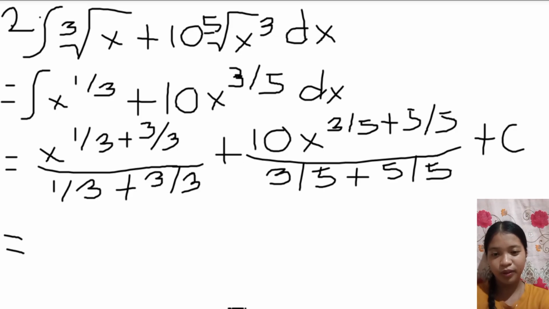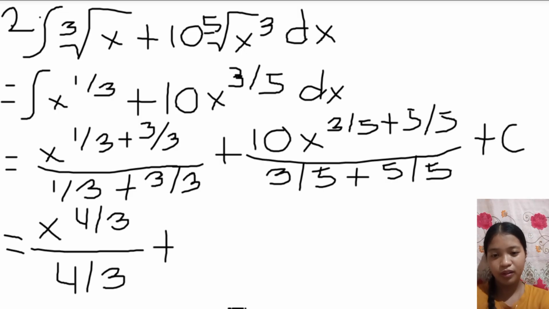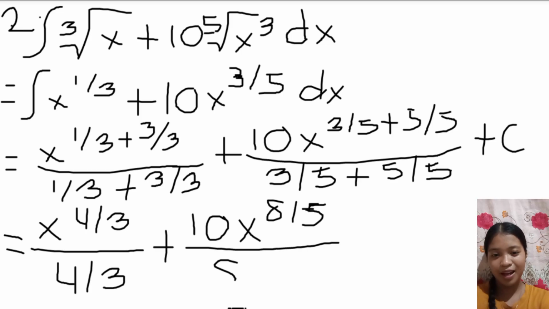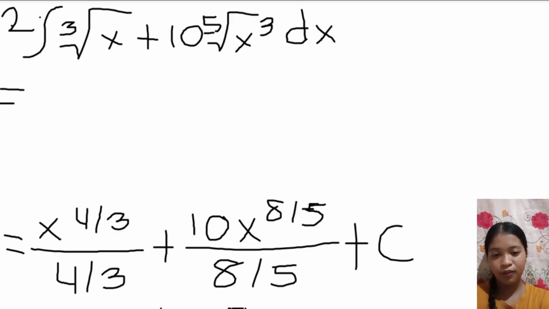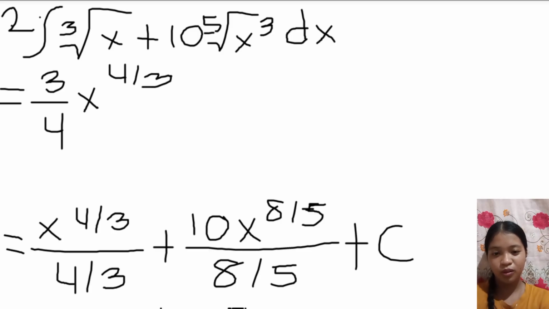Next we're going to compute it. It will be x raised to the power of 4/3 over 4/3 plus 10x raised to the power of 8/5 over 8/5 plus c. Now we can simplify it to get the final answer. You have to multiply the denominator's reciprocal to the numerator.